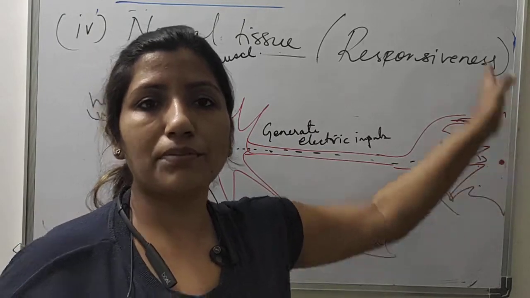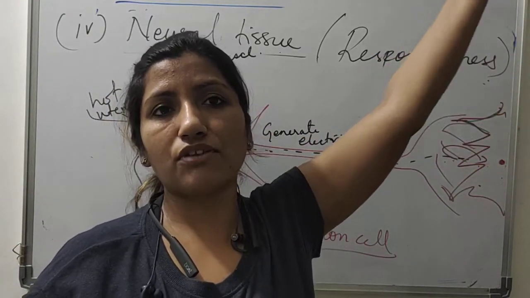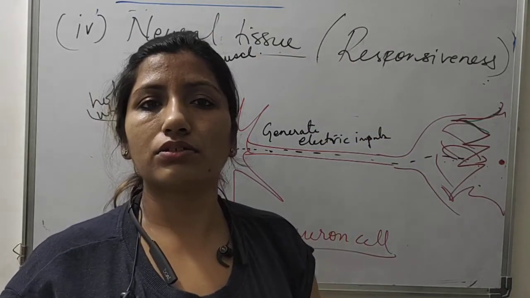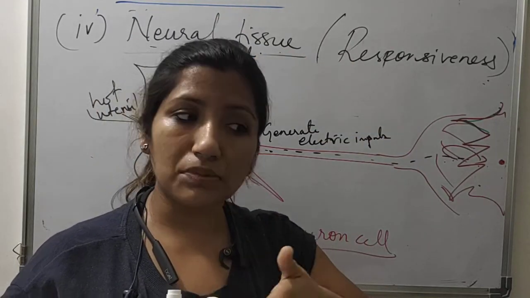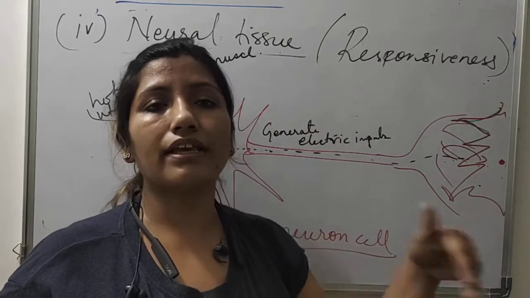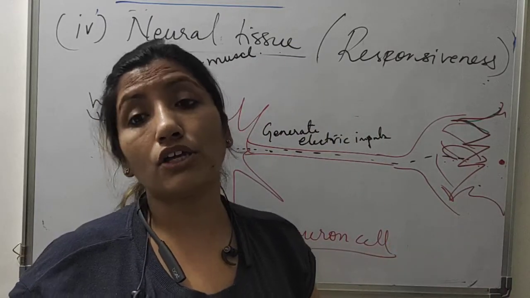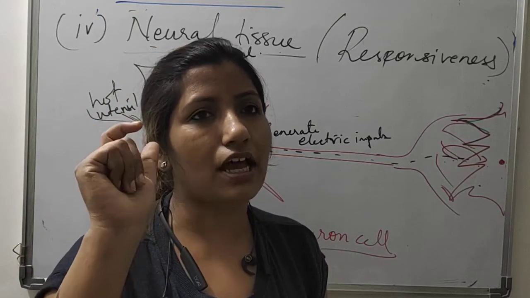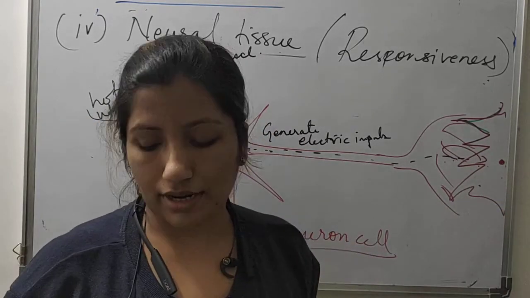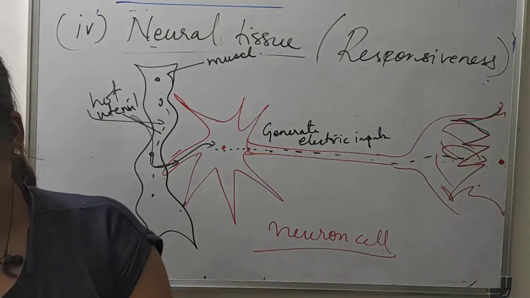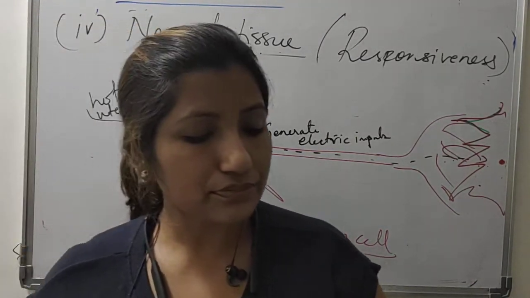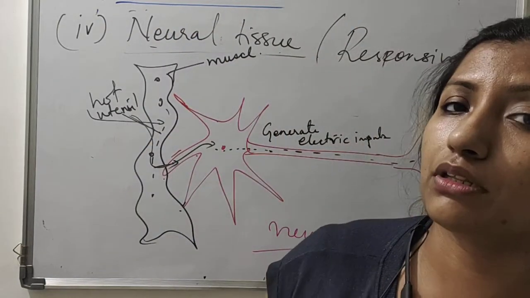In that way the information will go to the brain, and the brain comes to know that you are touching a hot pan, you should immediately remove your hand. So the brain will again send the information to remove your hand. It happens in a very small fraction of a second that we immediately remove our hand. Alright, so this is nervous tissue.